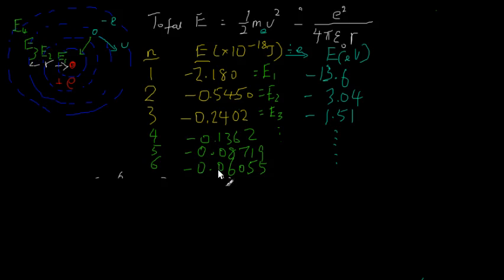Alright, and we have the numbers here. Now, rather than drawing circles all the time to represent this picture and these energies, a common way to show pictorially these different energies is to draw what is called an energy level diagram.